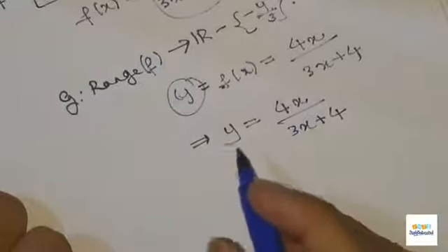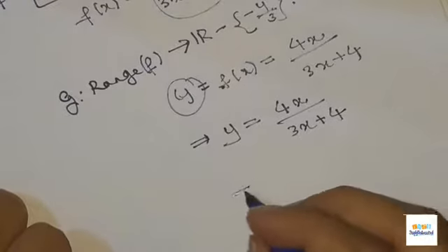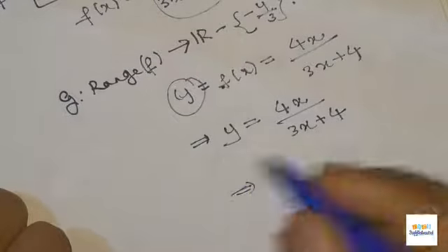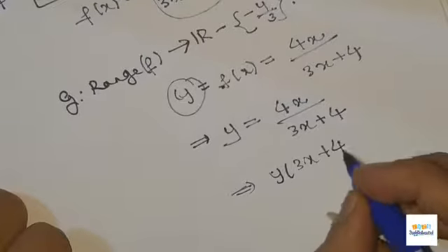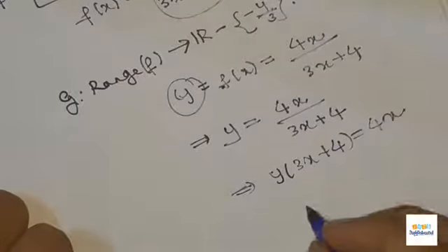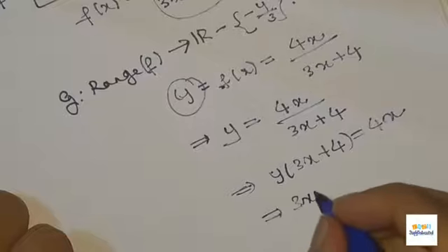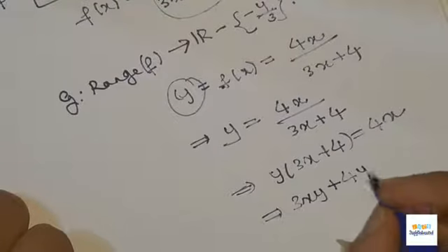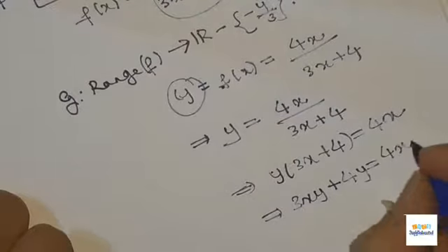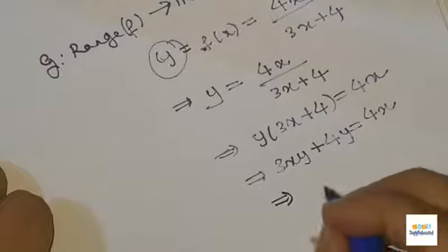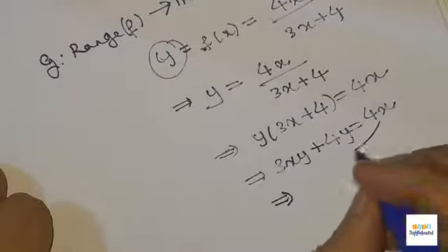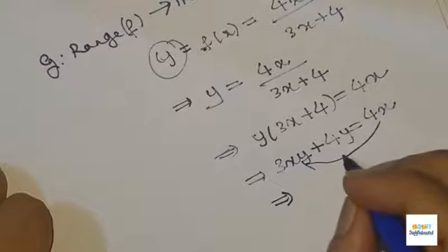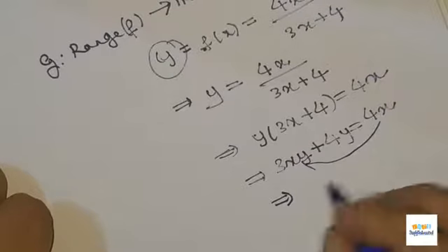Now what you do is find x in terms of y. So cross multiply: y multiplied by 3x plus 4 equal to 4x, which is 3xy plus 4y equal to 4x. So you have to write x in terms of y. Take this here and take this here.